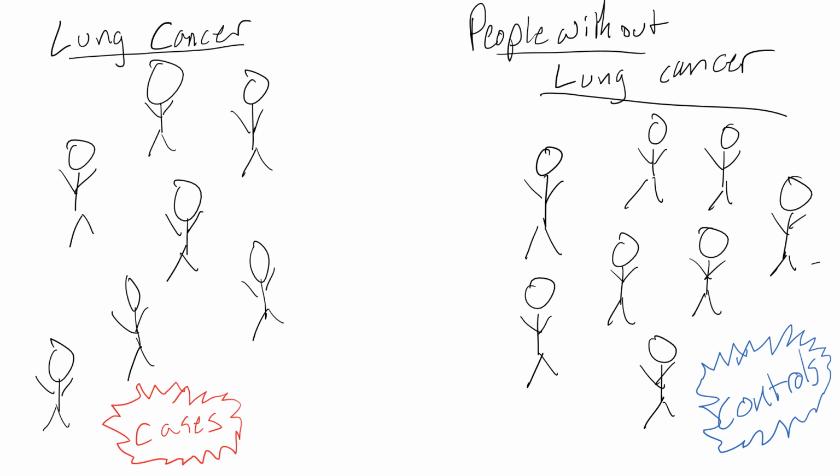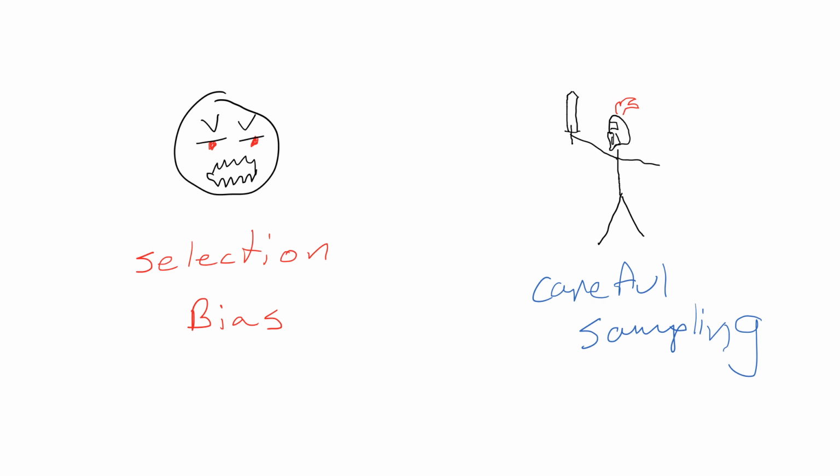So it may not be the lung cancer that is associated with smoking, it may be hospital patient status. Selection bias is most often combated by carefully designing the study's sampling procedures. When at all possible, cases and controls should be drawn from the same underlying population, and both cases and controls in the study sample should be representative of cases and controls in the underlying population.